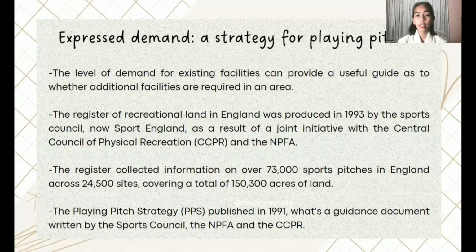The register collected information on over 73,000 sports pitches in England across 24,500 sites, covering a total of 150,300 acres of land. Information on ownership, type of usage, for example public, schools, private, size, type of surface, floodlighting, ancillary facilities, and threats from development were detailed.